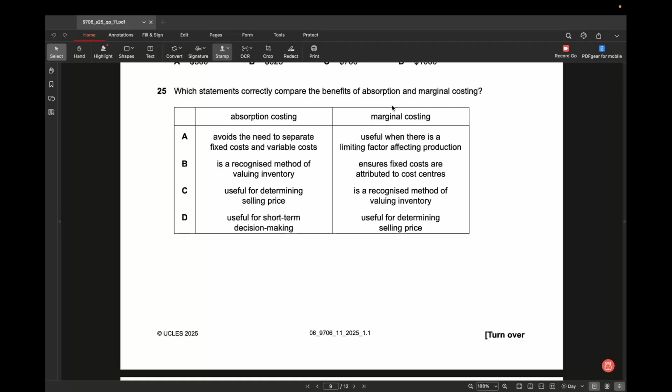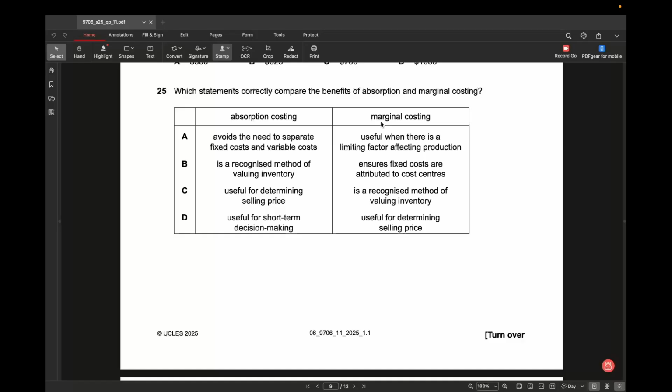Let's see if that is also true for marginal costing. So in marginal costing, useful when there is a limited factor affecting production. Yes, when we did problems in marginal costing, we learned that there is one aspect where it will help us, that is limiting factors.